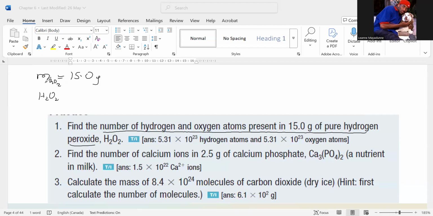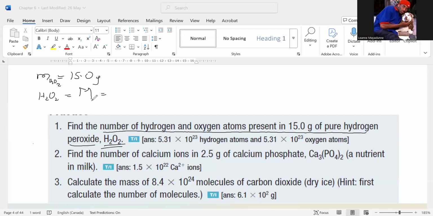So we are supposed to determine it for H2O2. Because we know the entity, we know the molar mass. Always remember that. If we know the entity, we can calculate the molar mass, right?